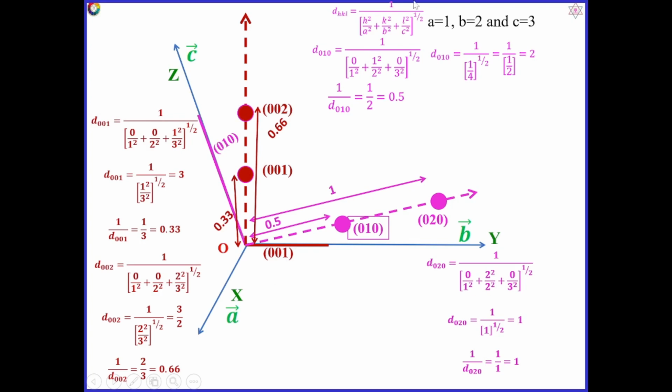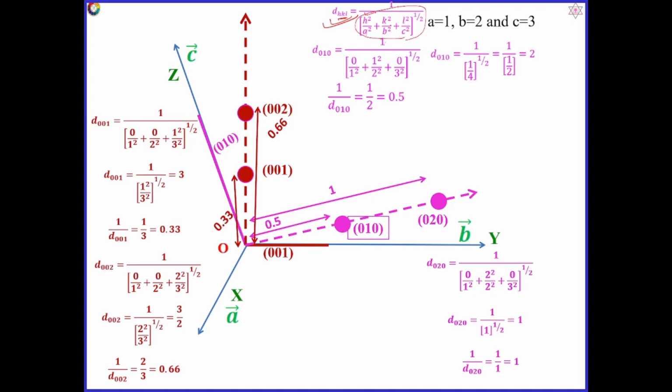In general the interplanar spacing d_hkl, where h, k, l are the Miller indices, is 1 by the square root of h square by a square plus k square by b square plus l square by c square.